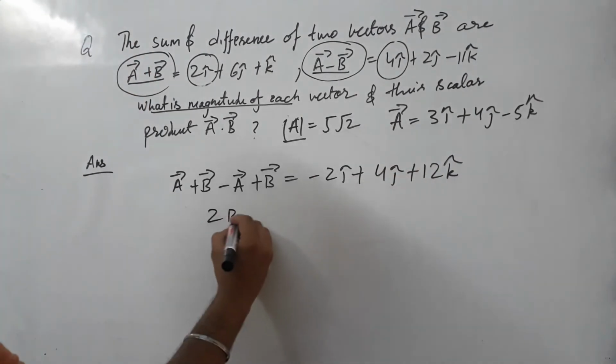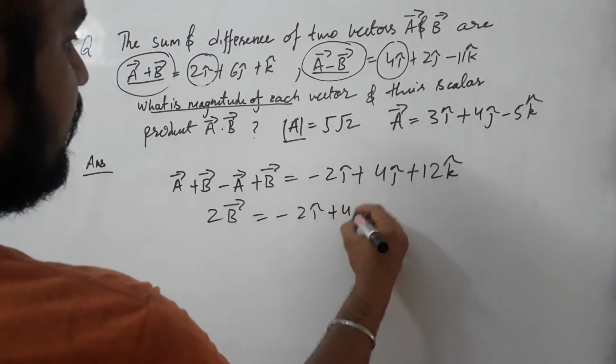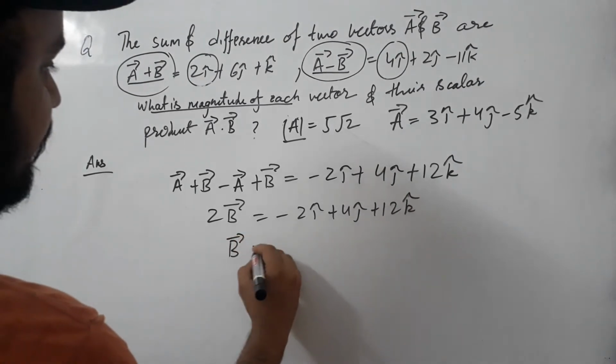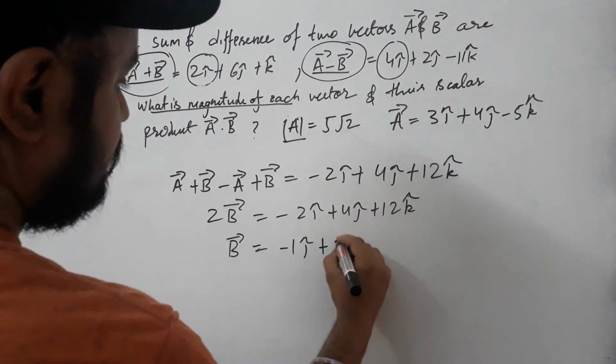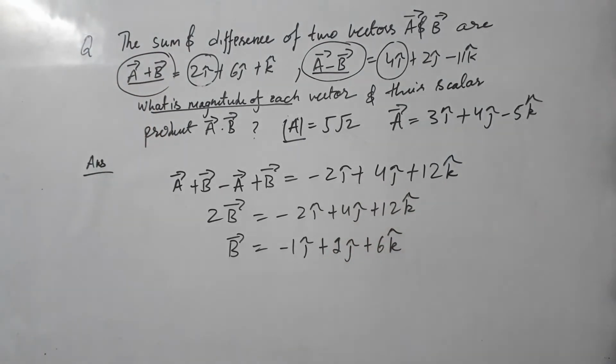Further 2b vector is equal to minus 2 i cap plus 4 j cap plus 12 k cap. From here b vector will be equal to minus 1 i cap plus 2 j cap plus 6 k cap. This will be the value of the b vector.